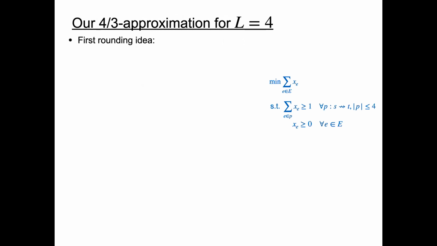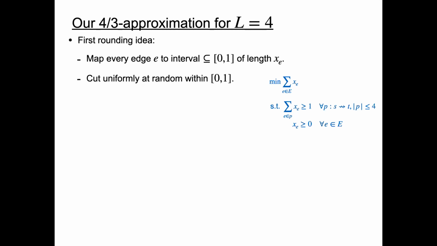So let's first see a simple idea for rounding this LP, which is not going to work. Here on the right, you have the LP for 4-bounded, the relaxation for 4-bounded cut. So first, the idea would be to take every edge in the graph and map it to some interval of length corresponding to its LP value, and then sample some value uniformly at random between 0 and 1, and cut every edge whose interval contains this value.